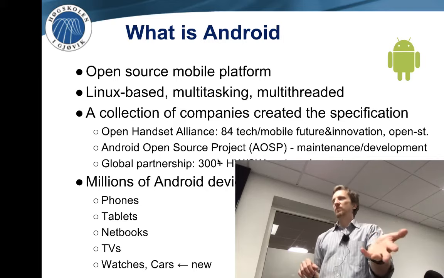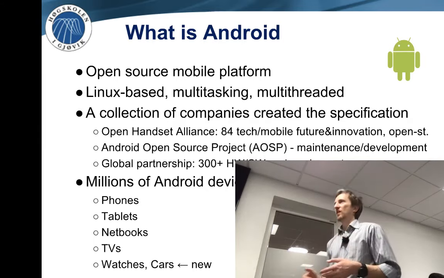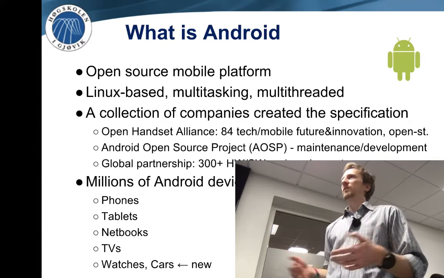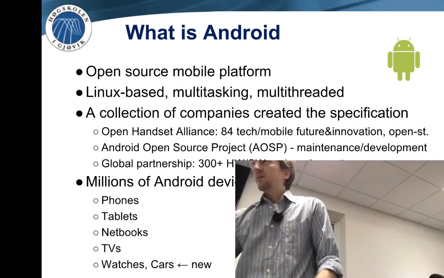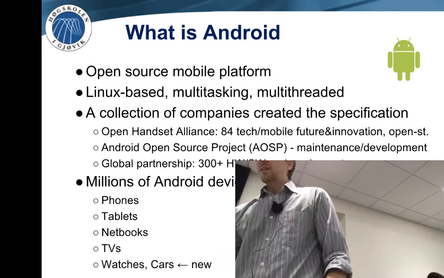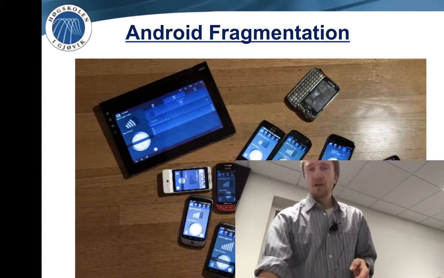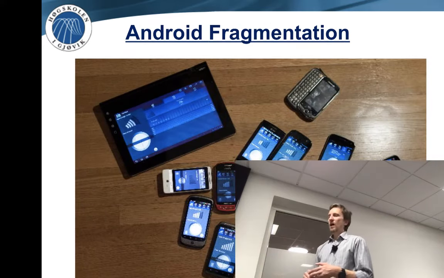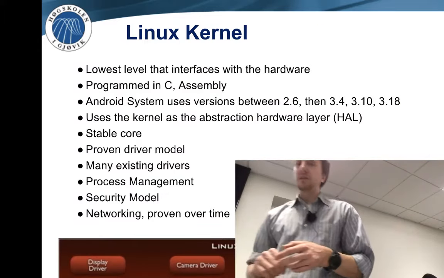That number, by the way, was written 3 years ago, so I haven't checked how many there are currently, but it's probably doubled. So the number of companies supporting it and providing applications is enormous. So how do you deal with that fragmentation? Well, it is complicated, so we will spend some time discussing it.